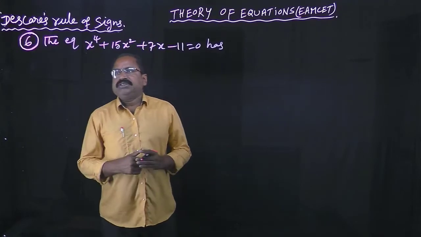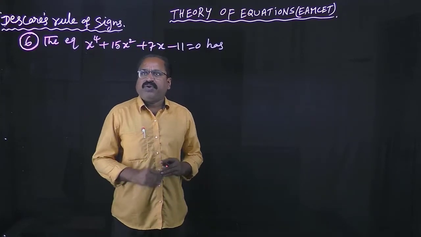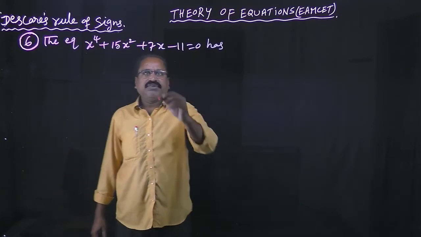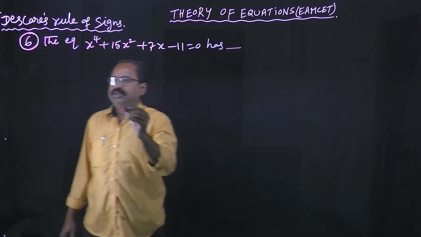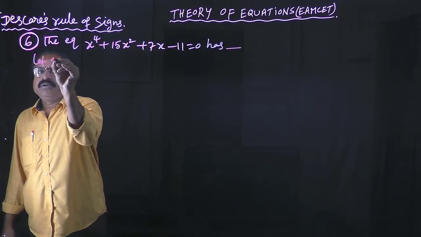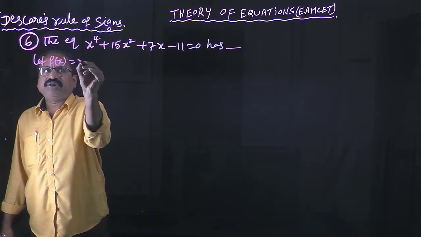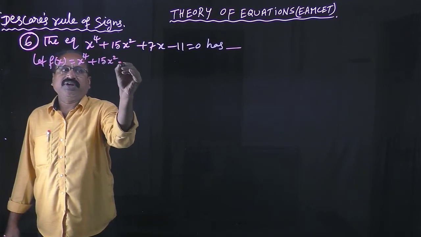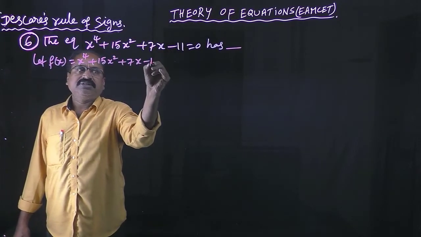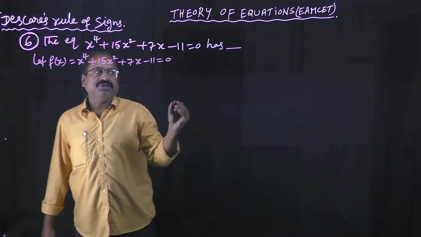Sixth question is the equation x power 4 plus 15x square plus 7x minus 11 is equal to 0 has, let f of x is equal to x to the power of 4 plus 15x square plus 7x minus 11 is equal to 0.